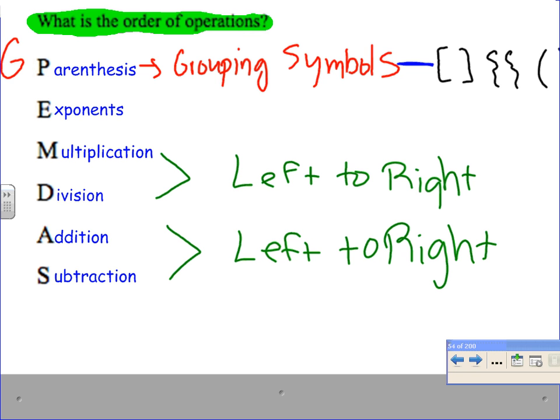The reason I did not put that up there, Charles, is because your book does not get more complicated than 1 or 2 of them. When I give you some harder problems in a couple of days, there will be multiple grouping symbols. If there is a parenthesis and then brackets around it, then you go from the inside to the out.